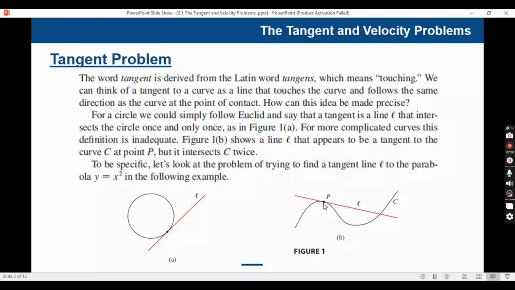So we have to understand what term we can use. Figure 1b shows a line L that appears to be a tangent to the curve C at point P, but it intersects C twice. To be specific, let's look at the problem of trying to find a tangent line L to the parabola y = x^2 in the following example.